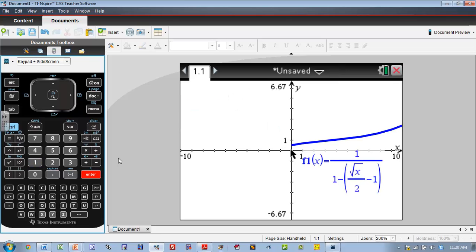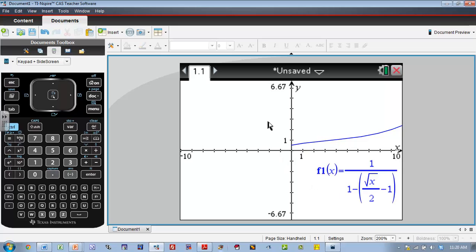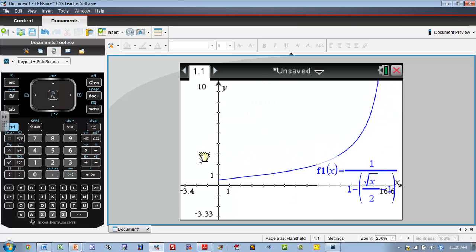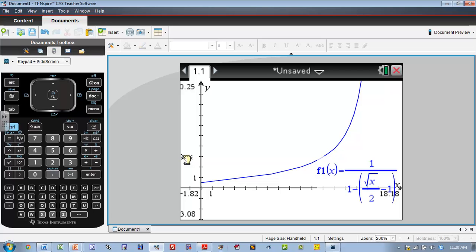And then I'll hit enter, and there's our graph of that. Obviously, a lot of this graph we're not really too worried about, but if we can look at it between 0 and 16, which we say is the interval of convergence, that would be good.